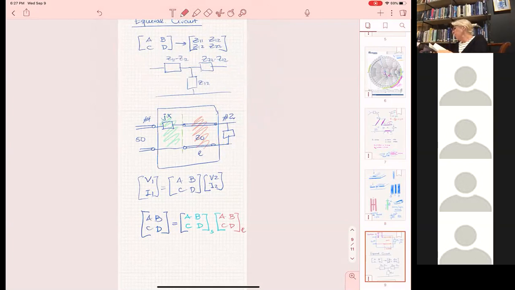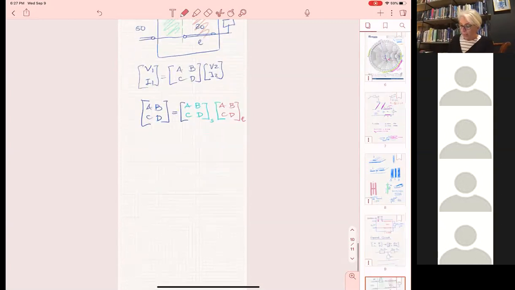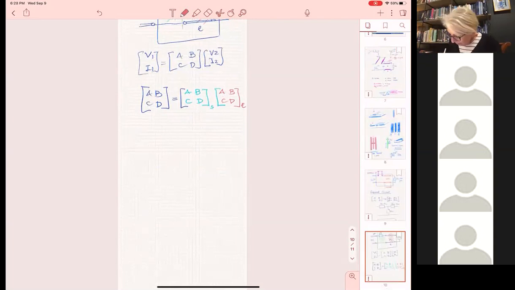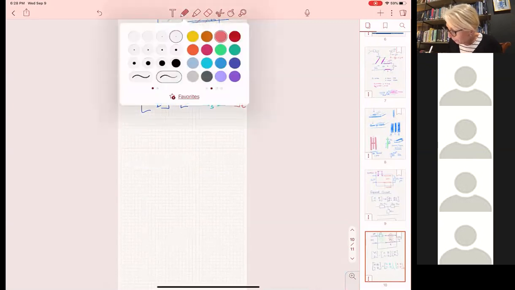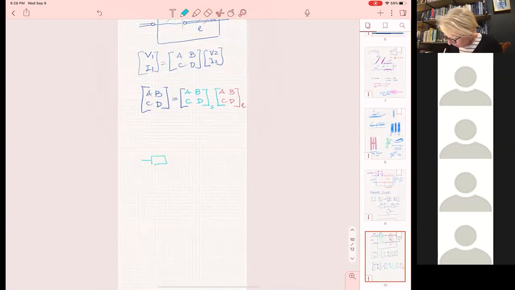So I'm going to the book, page 208, and I find the following for this one, which is in reality my series stub.